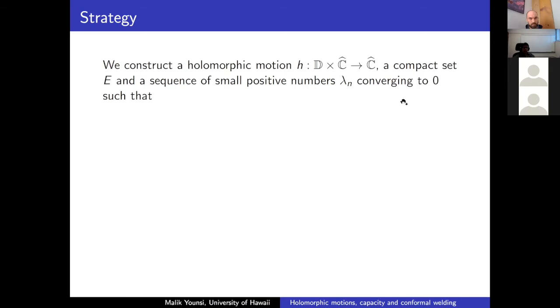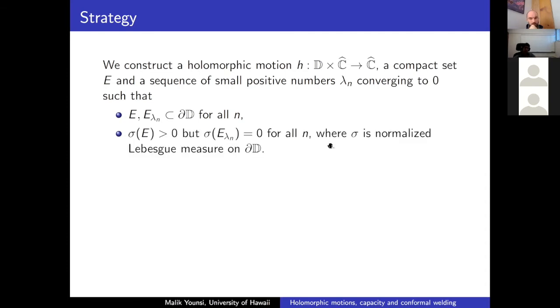The first property is that my holomorphic motion is going to preserve the unit circle. So the set E will be constructed to live on the unit circle. And then when you apply these h lambda, at least for these values lambda n, you get a set that also lives in the unit circle.